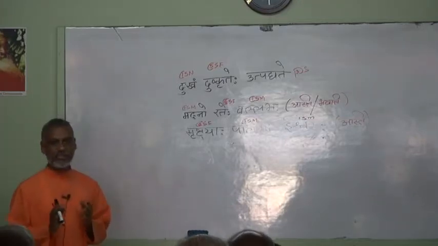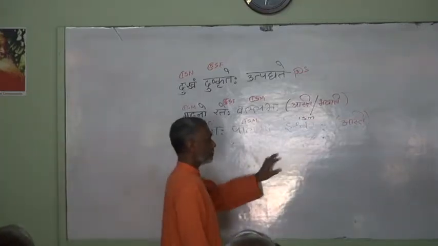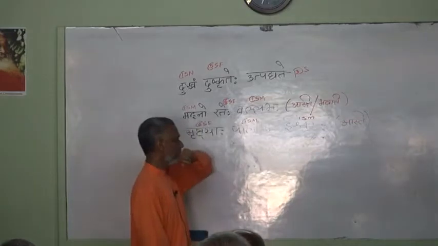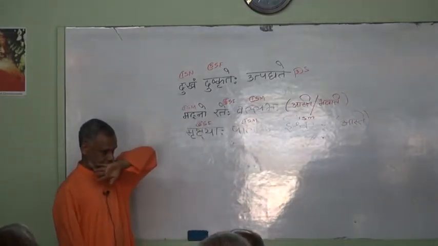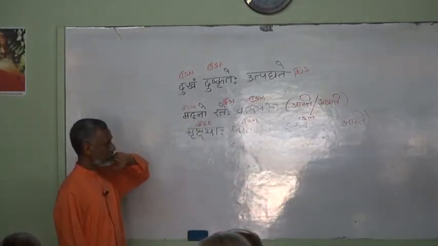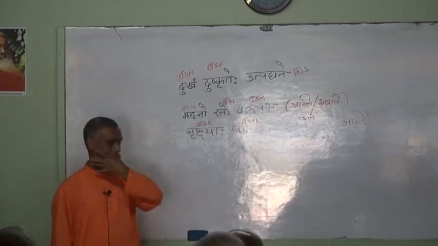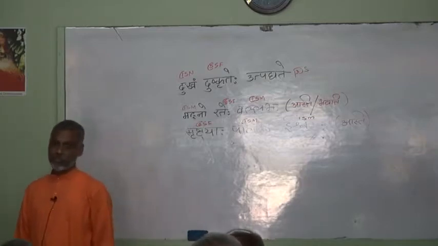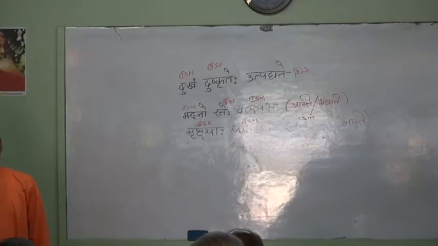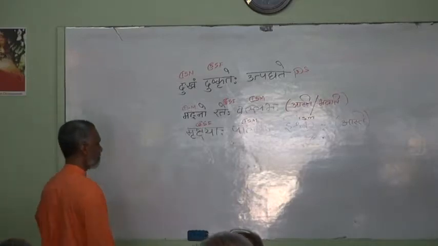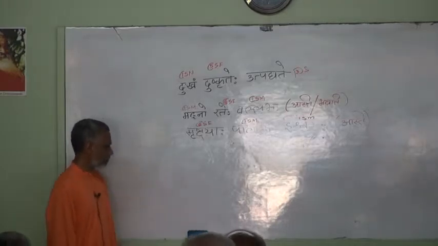I'm just writing it for you to get the sense of the sentence. Otherwise, it's not there. The sentence is proper in Sanskrit and the meaning comes a little bit different also. In English translation, it will come a little different for you. Now, next one.